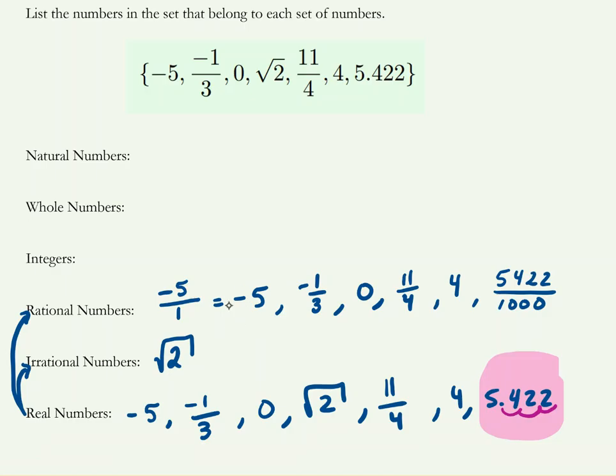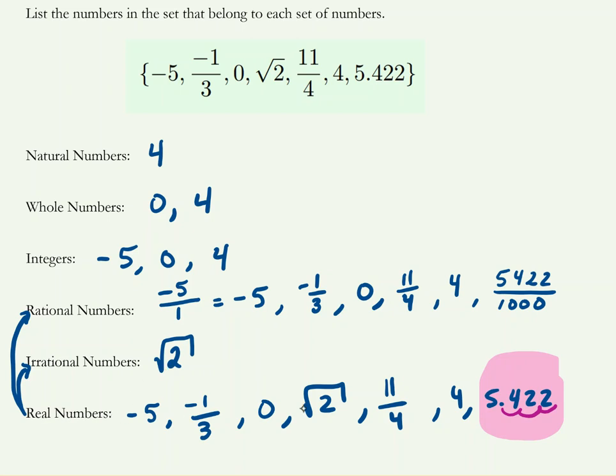Very quickly we see that -5 would be considered an integer, as would 0, as would 4. What would be considered whole numbers is all the non-negative integers, so 0 and 4. And finally, the natural numbers would just be 4 because 0 is not considered to be a natural number.